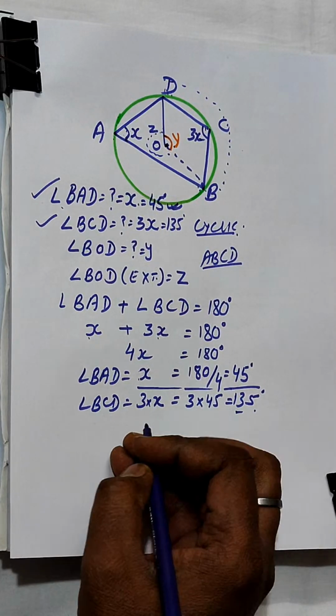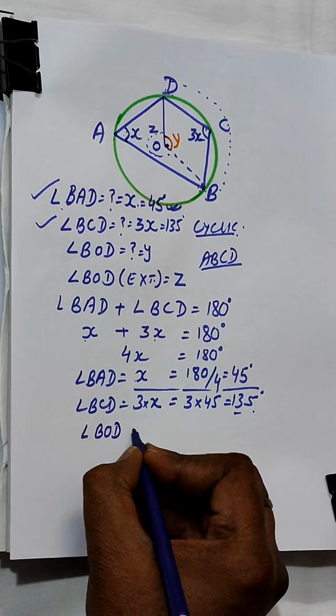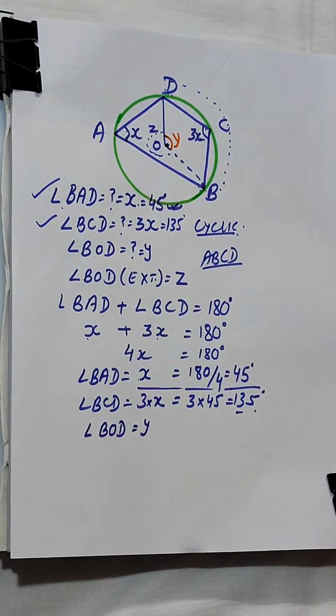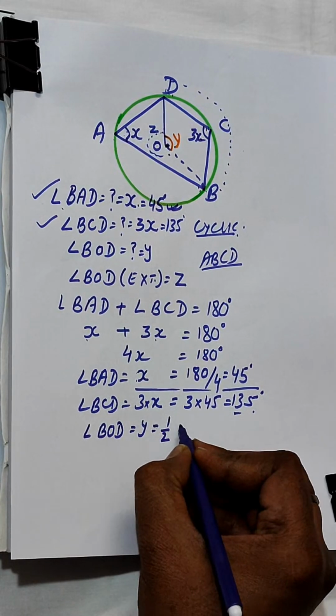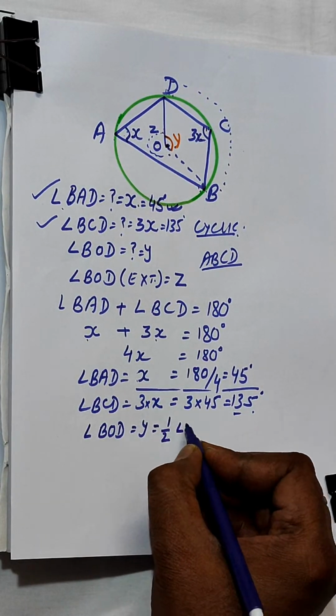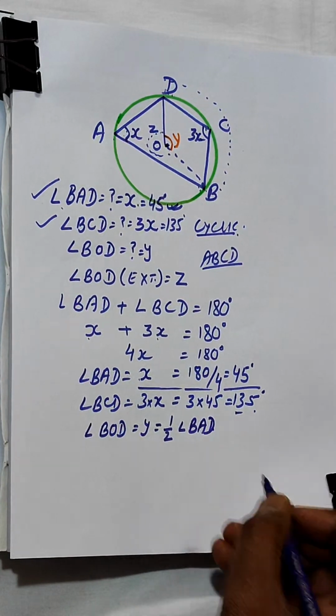So we can say that angle BOD, which is y, is equal to half of angle BAD.